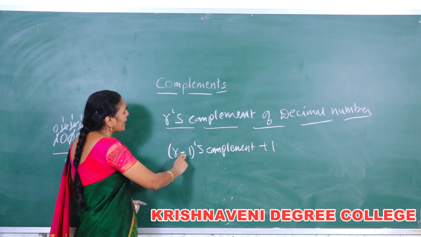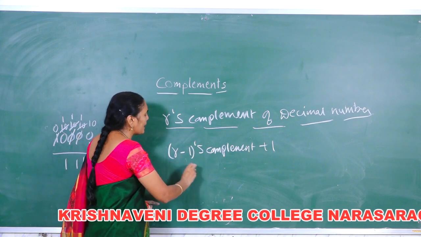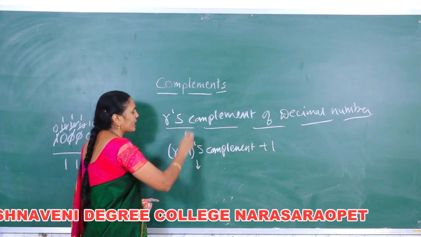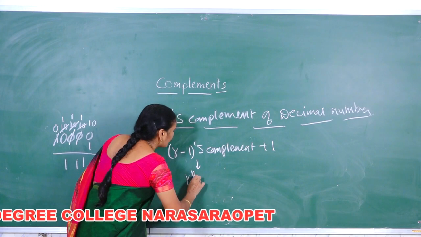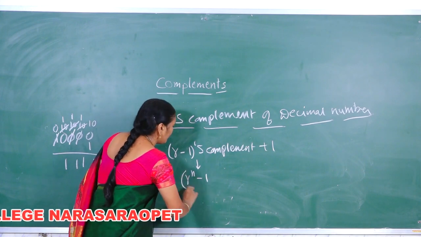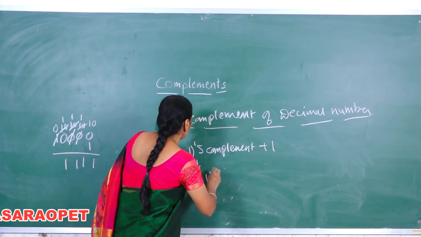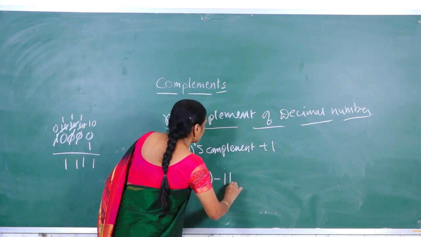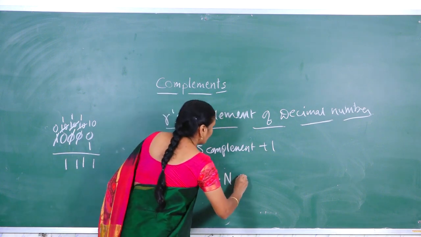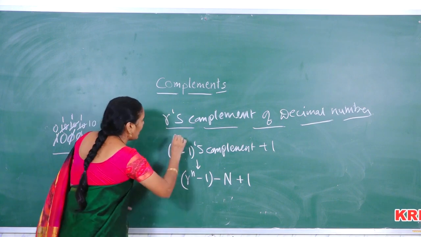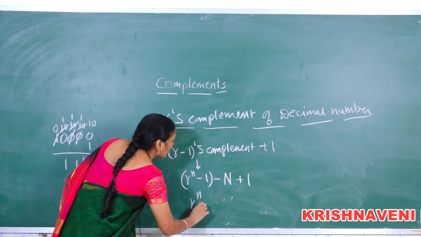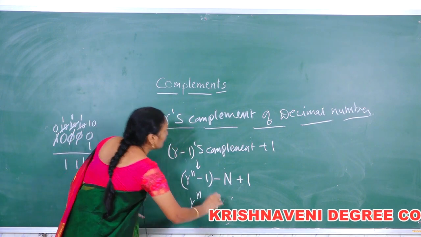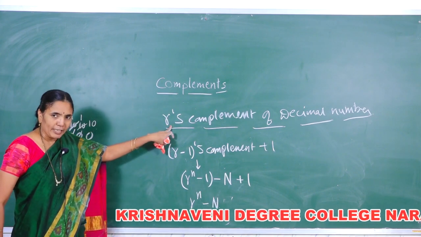We have already written the formula. The r minus 1's complement for a decimal number is equal to r to the power of n minus 1 minus n, plus 1. So now it will become r to the power of n minus n, which is nothing but the r's complement of a number.